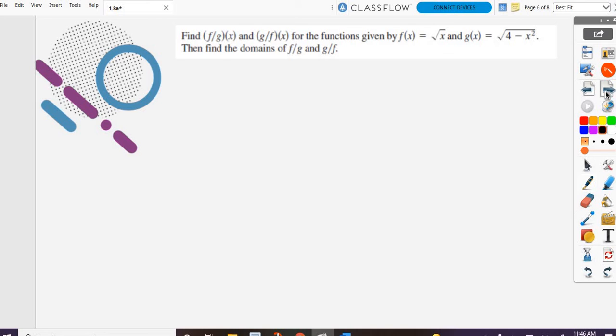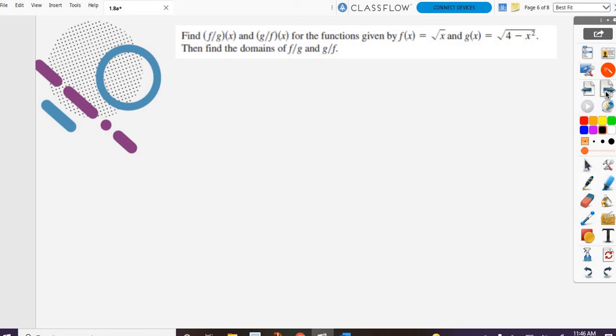So, speaking of fractions and radicals and other things, that's what our next one is about. This time it asks us to find f divided by g and g divided by f, and then find the domains. But this time, notice that our f and g both have radicals in them, and since we're dividing, we're also creating a fraction.